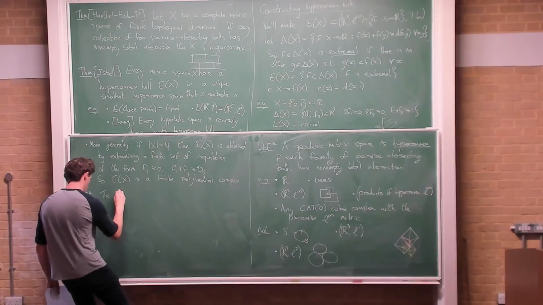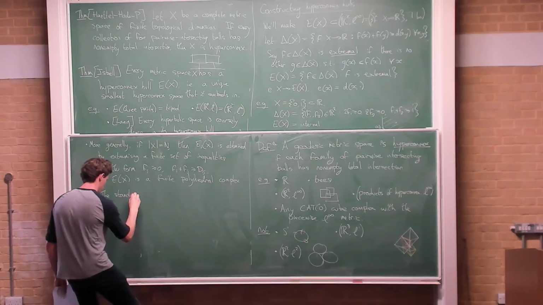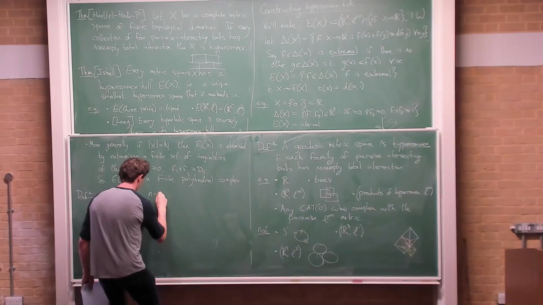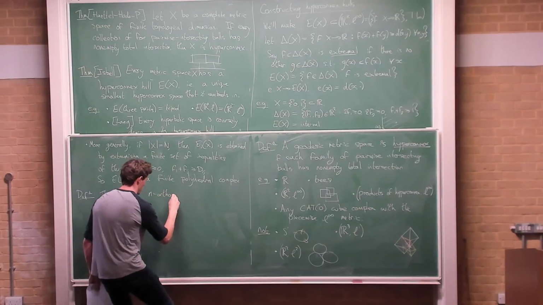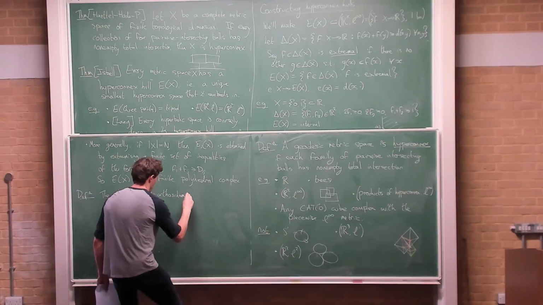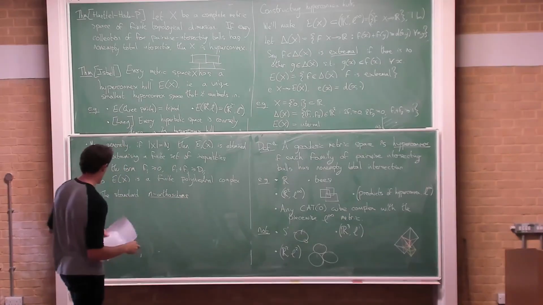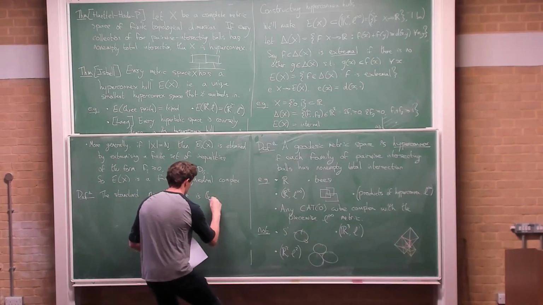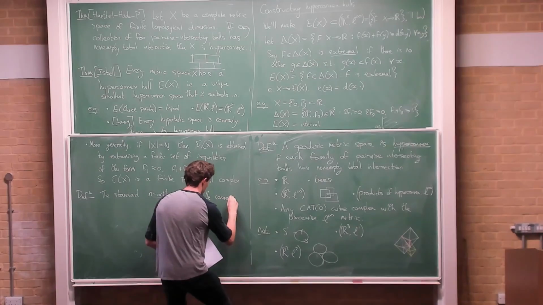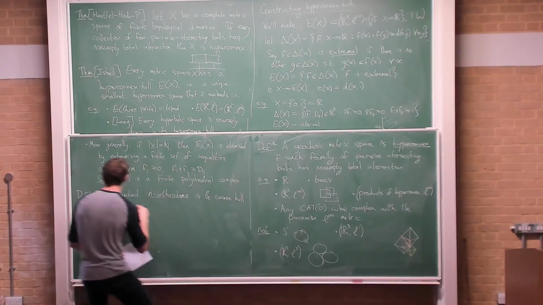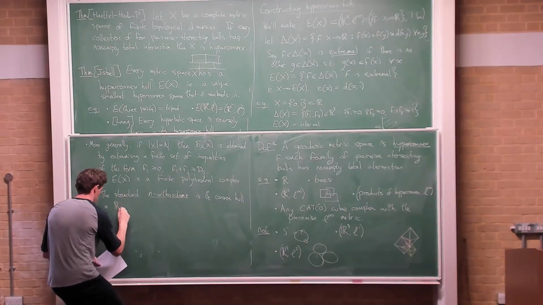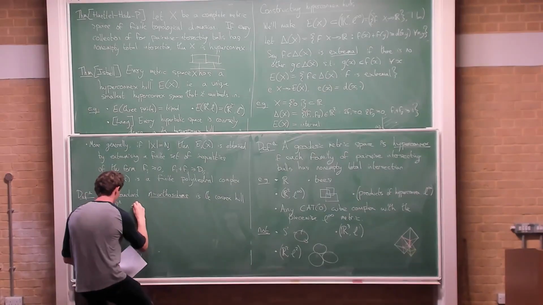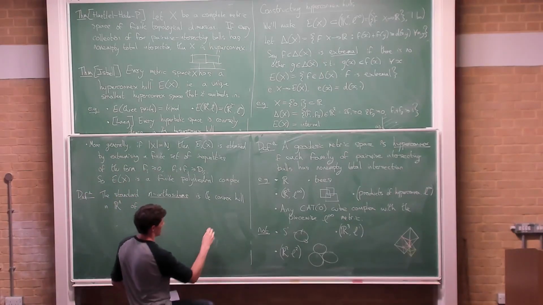The standard n-orthoscheme, which sounds much fancier than it is, is the convex hull in R^n of, okay, let me draw it first.